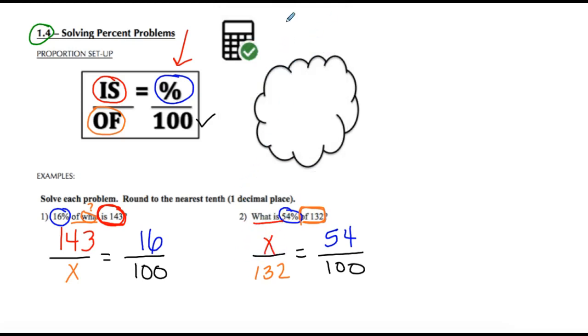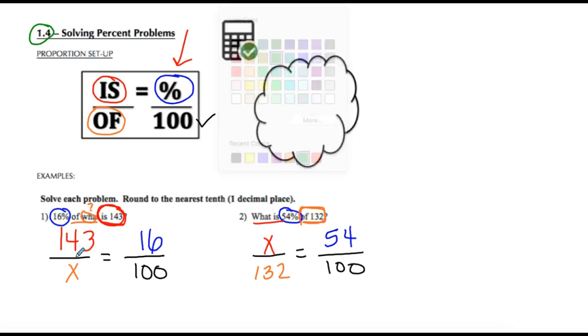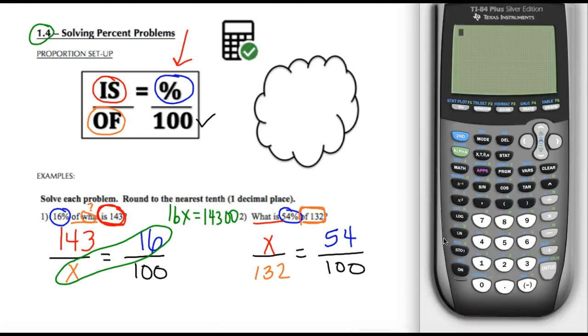Once we get our proportions set up, we're going to solve them like we have been solving our other proportions. We're going to cross multiply. So 16 times x is 16x. 143 times 100 is 14300. If you're not sure, we can do 143 times 100, and that's where we get that.